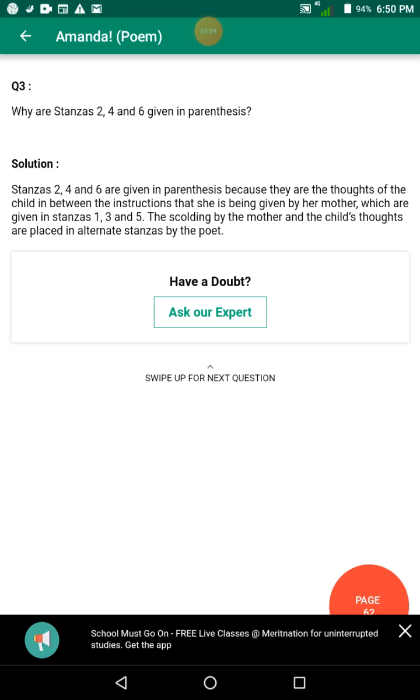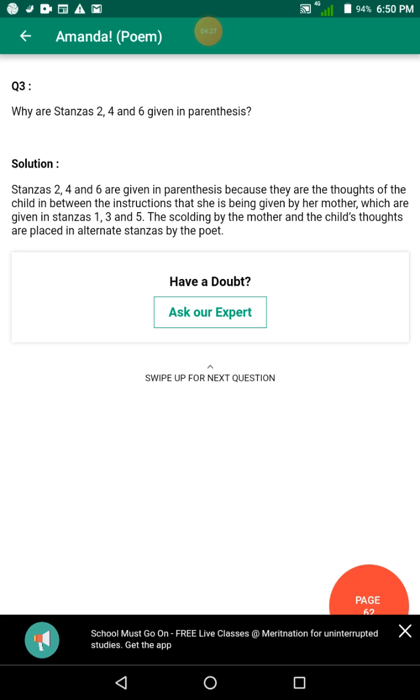You can find the 1, 3 and 5 are given by the mother. 2, 4 and 6 are parenthesis given by the poet, the child.